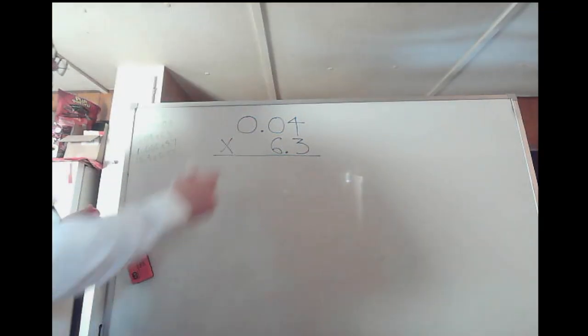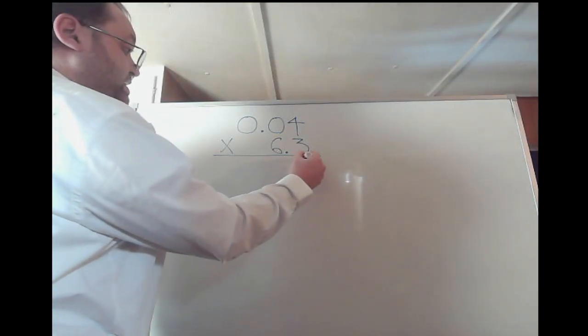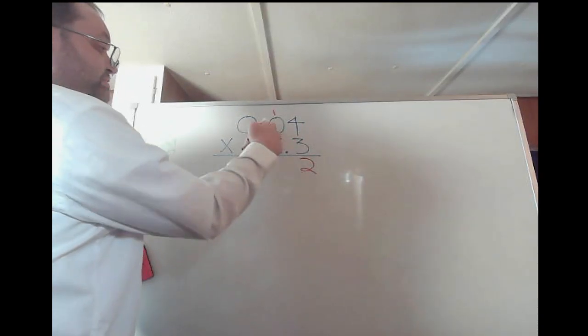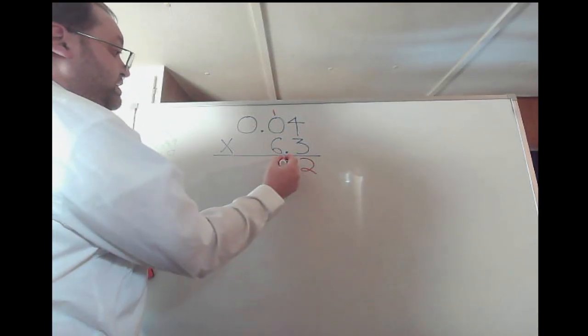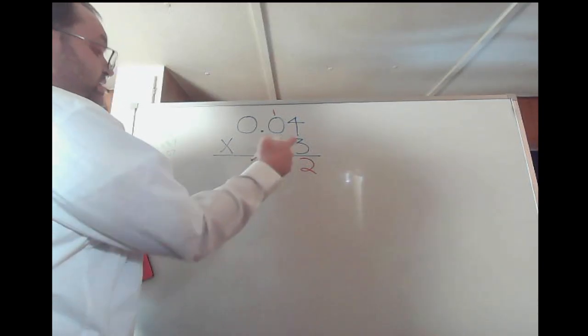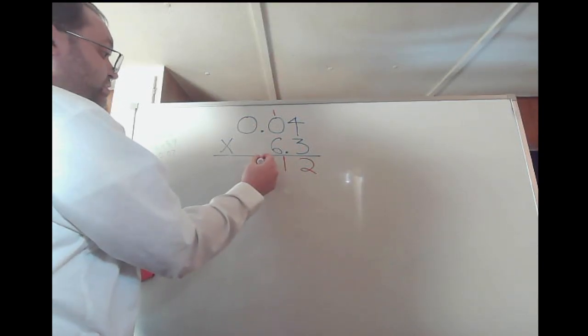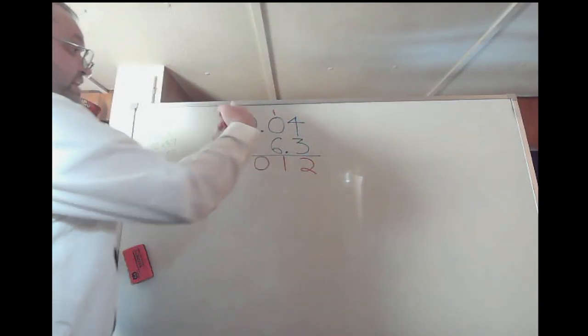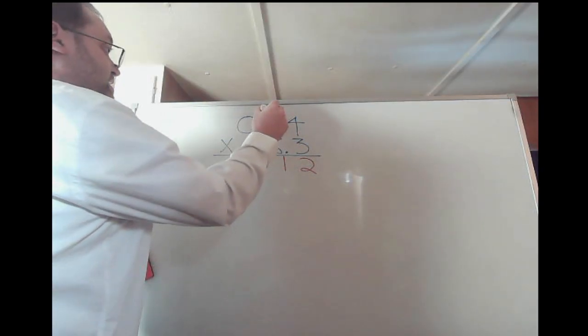So 4 times 3 is what? 12. Keep your 2, carry your 1. 3 times 0, well, that's 0 plus 1 is 1. And then 3 times 0, that's 0. Alright, we've multiplied the first number by all of these.